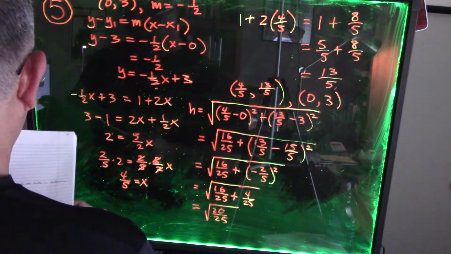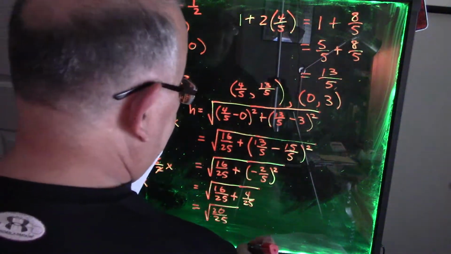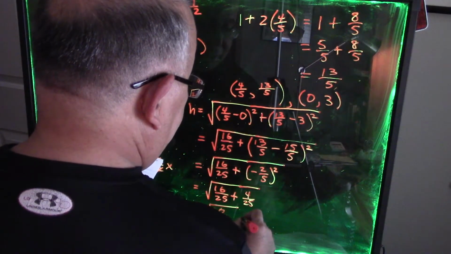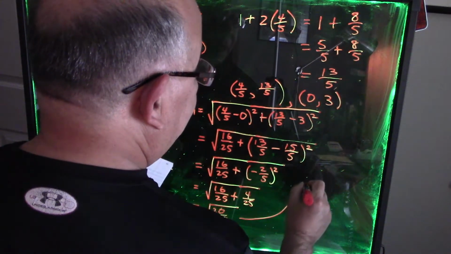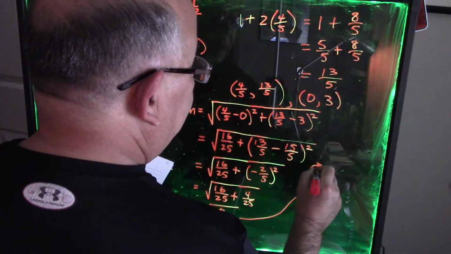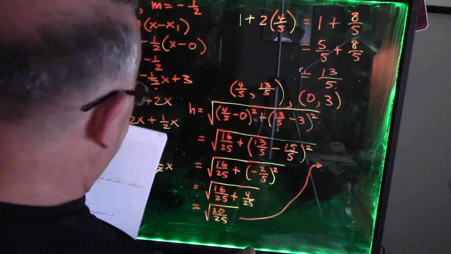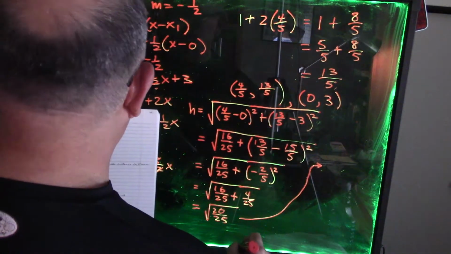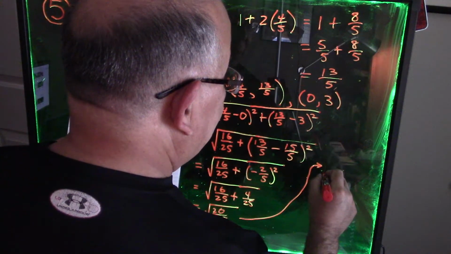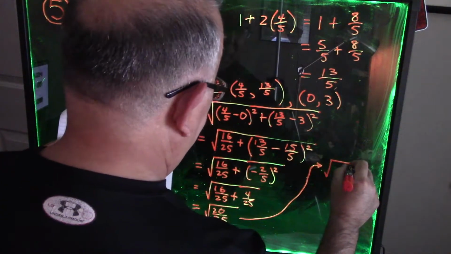Okay, so we can simplify this square root. I mean, you'll be doing this later in the book in more detail, but that's okay. You've probably done this before. I hope you have.